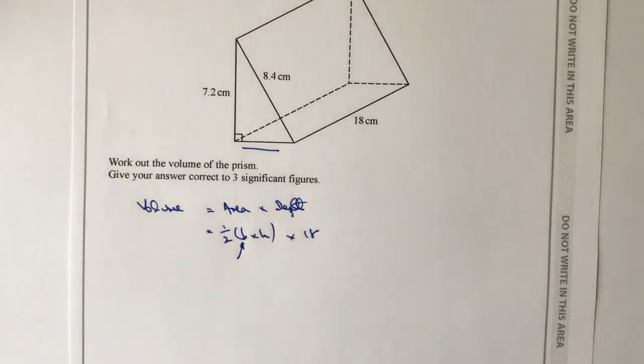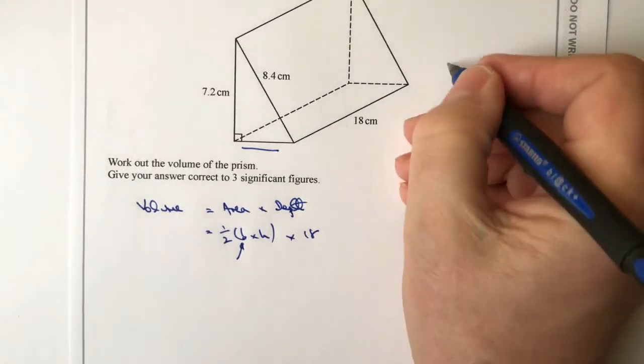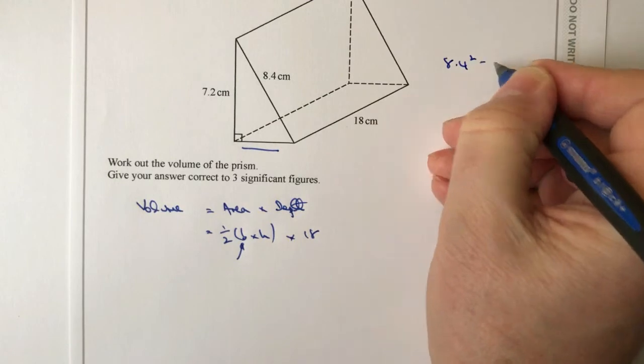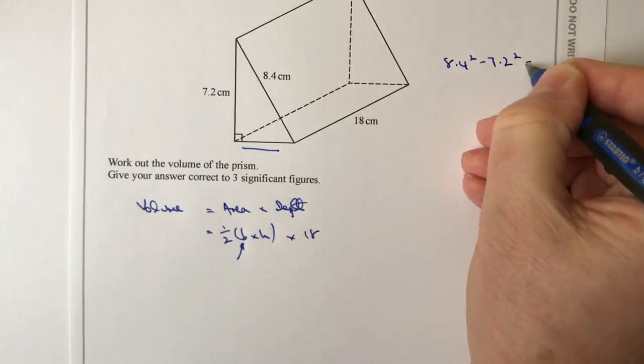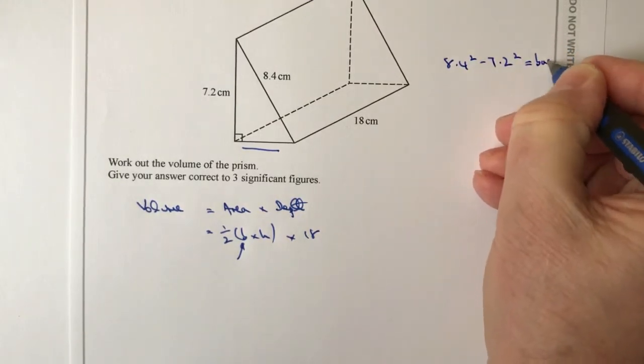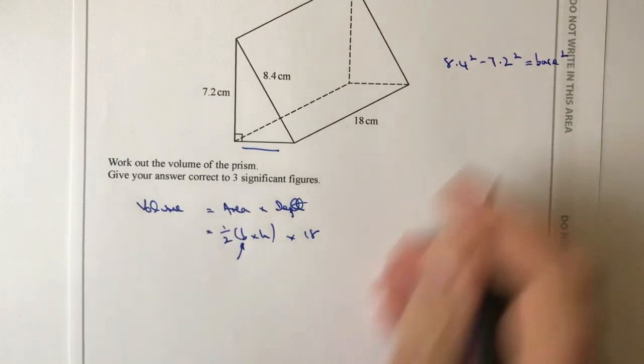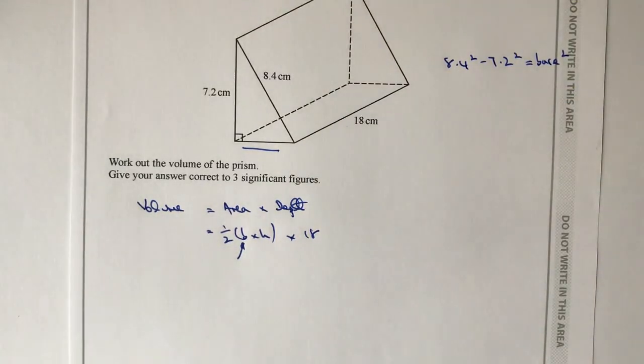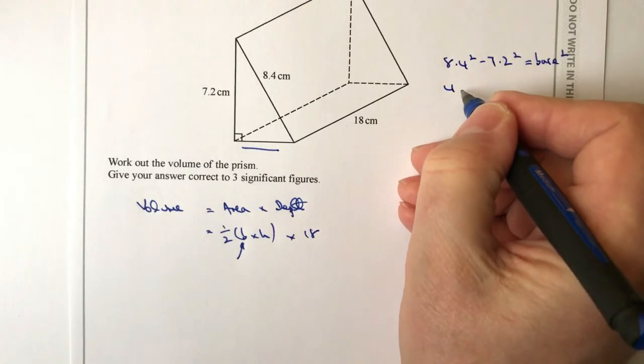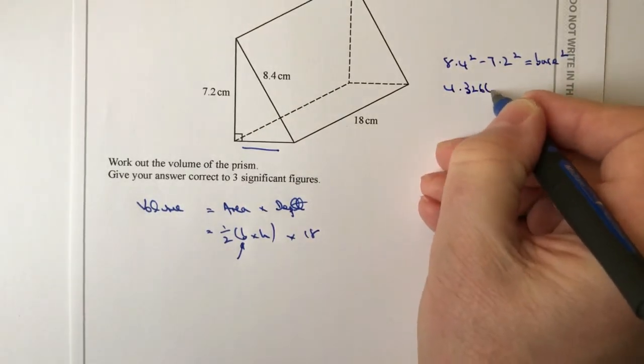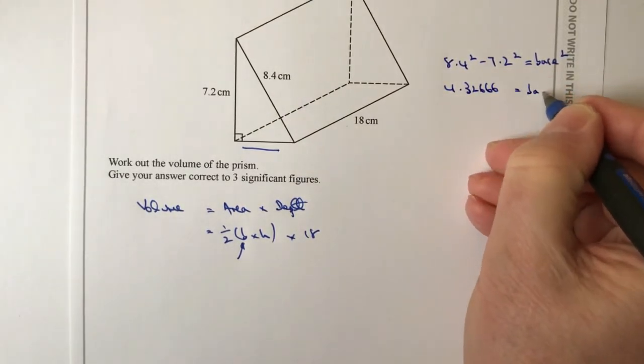But to work out the base, I'm going to say it's 8.4 squared minus 7.2 squared, and that's going to be equal to the base squared. And if I work that out, I'm going to get a base of 4.32666 equals the base.